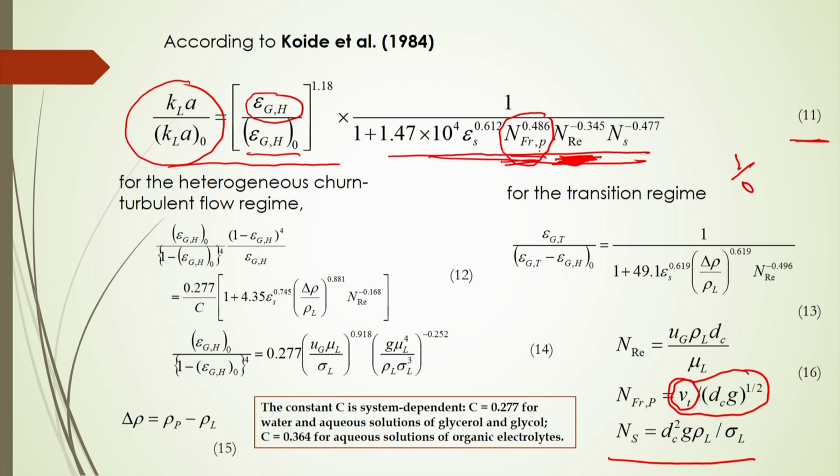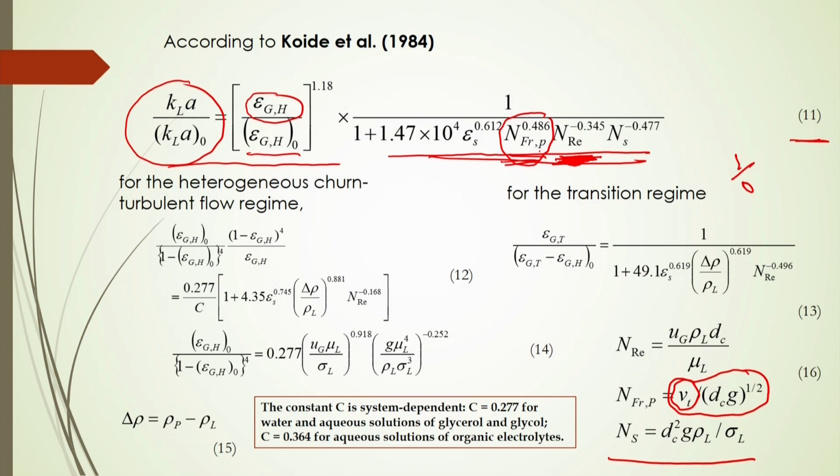Then 1 by 1 plus infinity means 0. So, at a certain terminal velocity, there will be a 0 mass transfer.